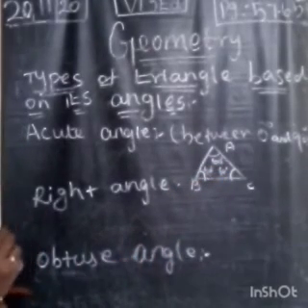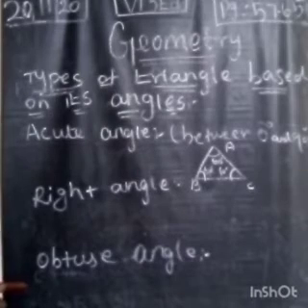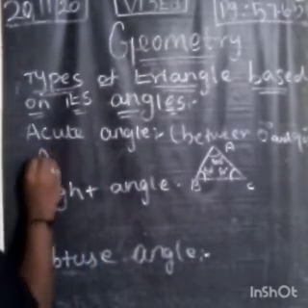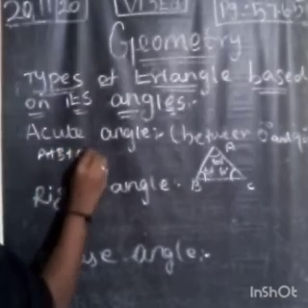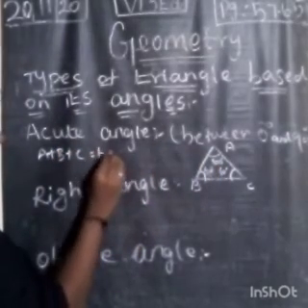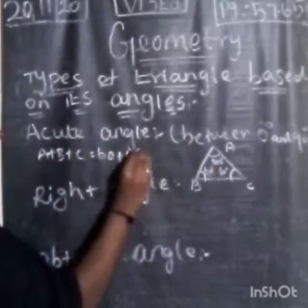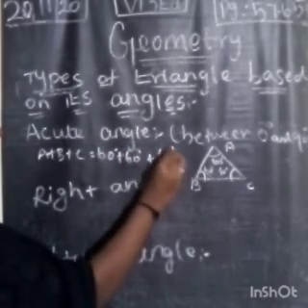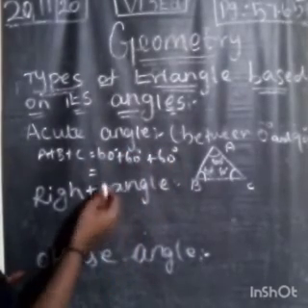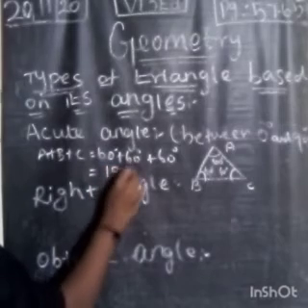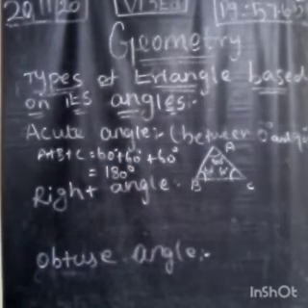The sum of the three angles equal to 180 degree. So A plus B plus C equal to 60 plus 60 plus 60. Adding all these values we get 180 degree. So this is the example of an acute angle triangle.